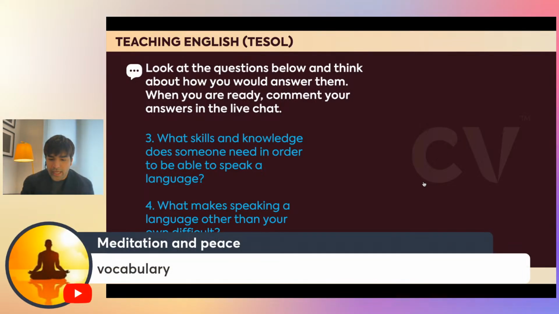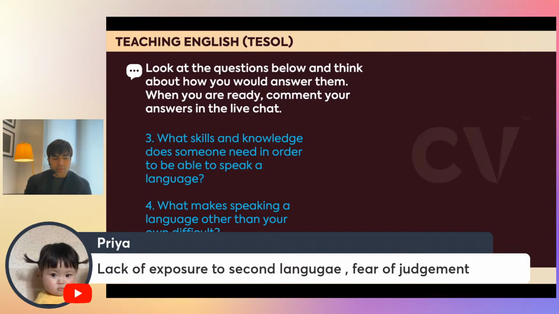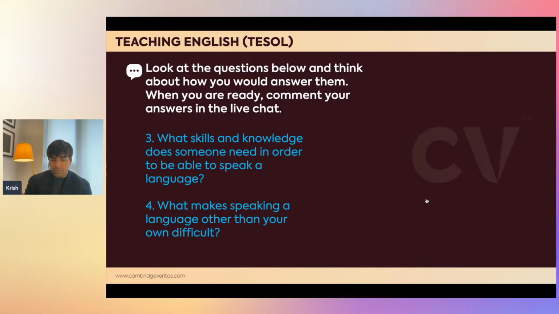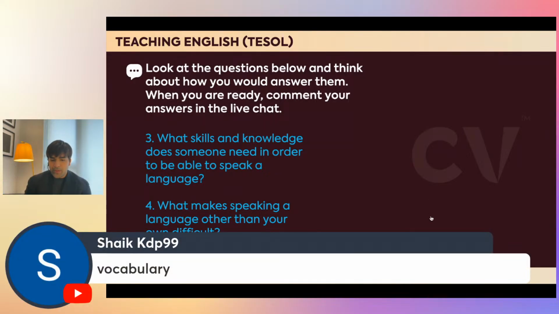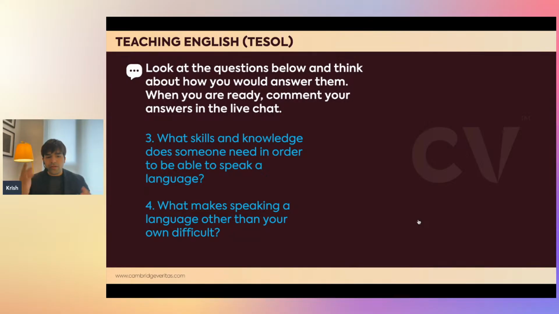Shivanshi says vocabulary. Agarthan says thinking in the language itself. Thank you, Agarthan. Priya says lack of exposure to second language and fear of judgment. Okay. Sheikh says vocabulary. Shivanshi, lack of confidence. Okay. Wonderful, guys. Super.